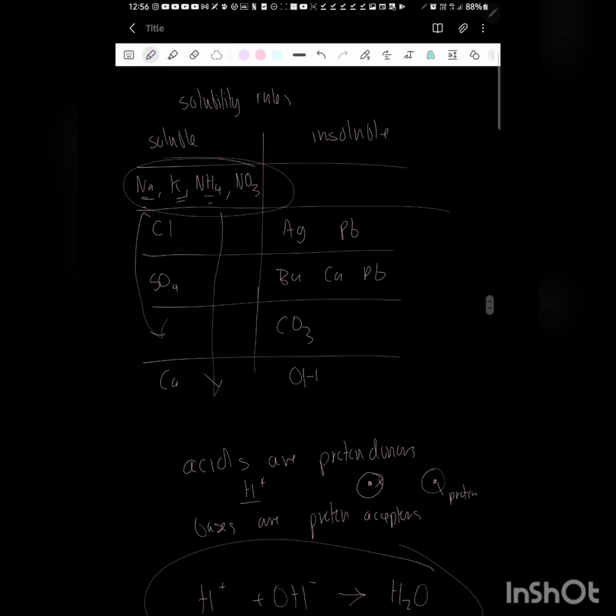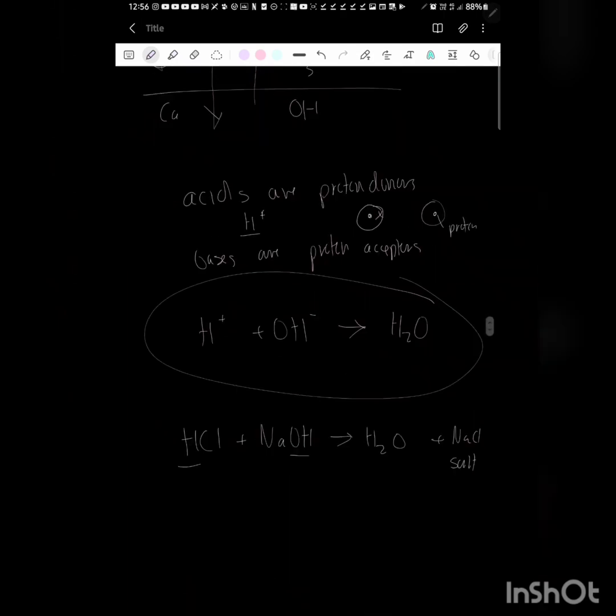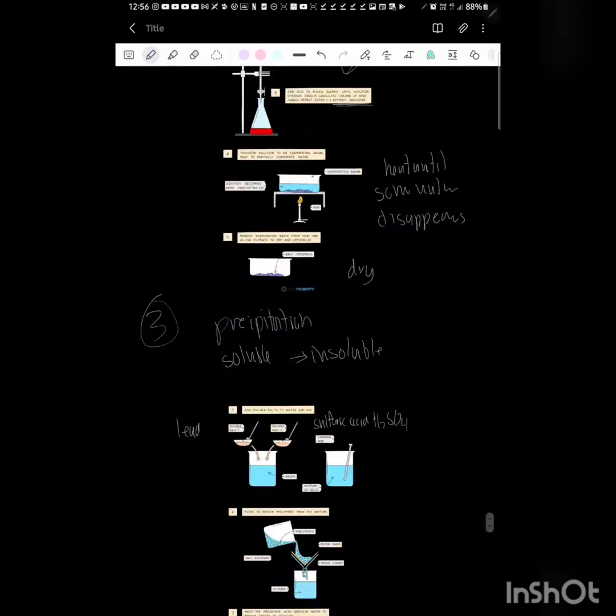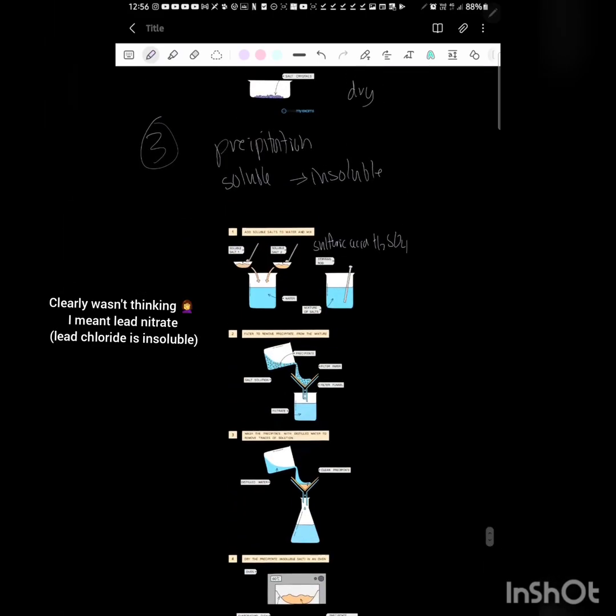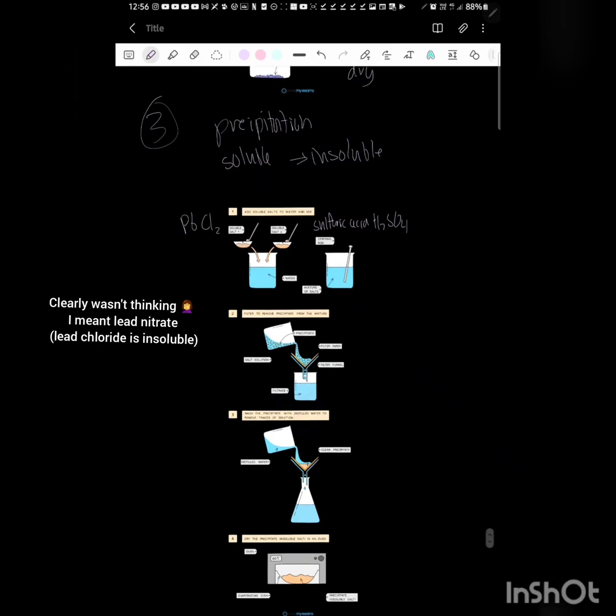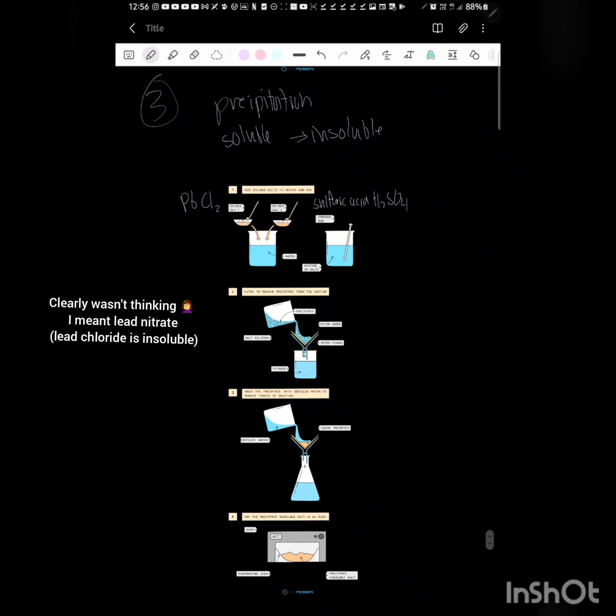This is why I was talking about it, because we know all sulfates are soluble except for lead sulfate, which is insoluble, which is why you can make it with this method. So let's say we're using lead chloride as our other solution.